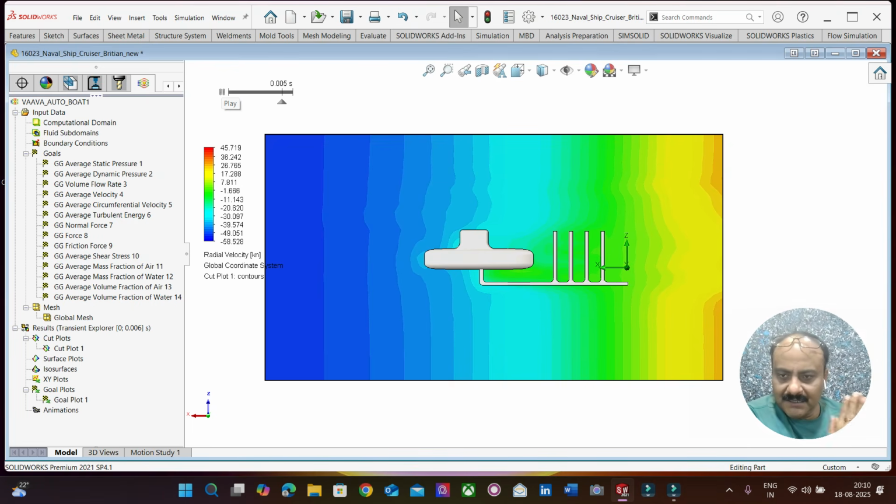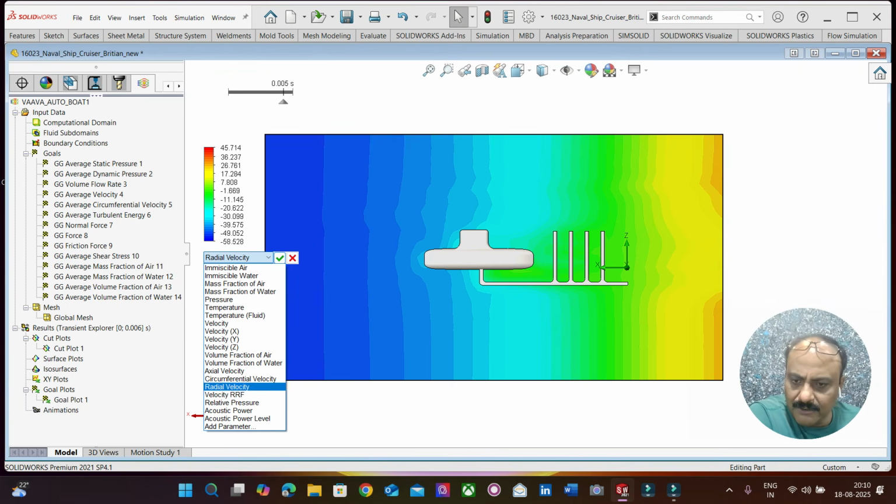That is the reason the ships or the submarines or any floating structures that we design are based on hydrodynamic parameters and factors. So the radial velocity, circumferential velocity, and axial velocity are all hydrodynamic parameters.